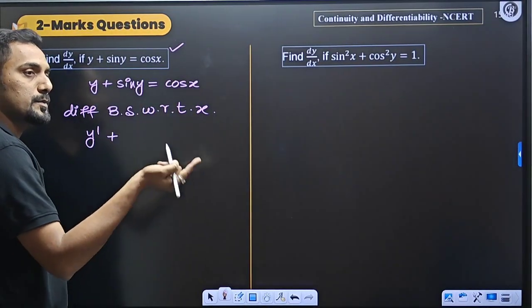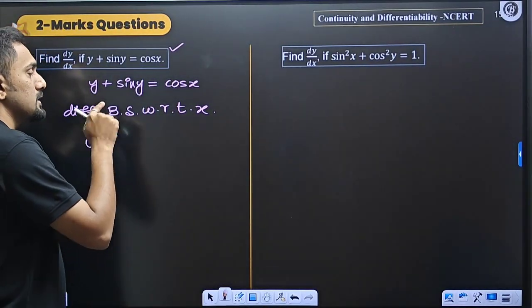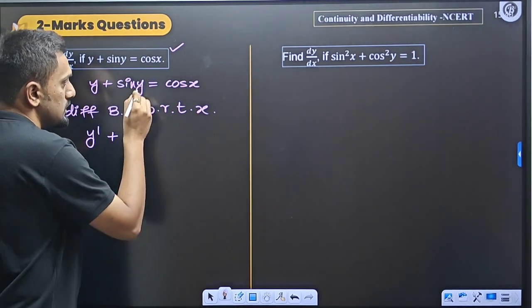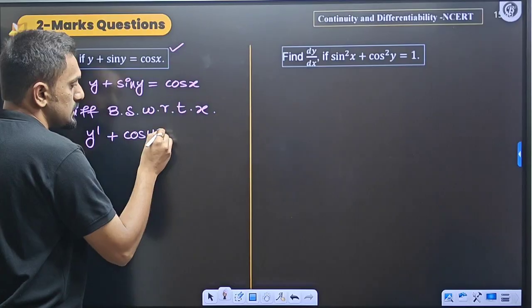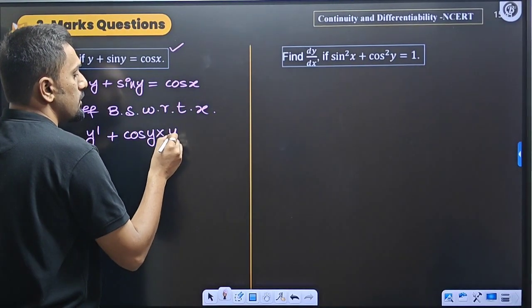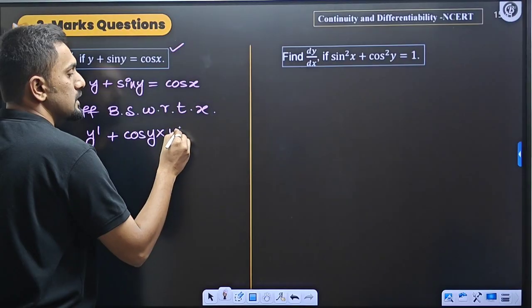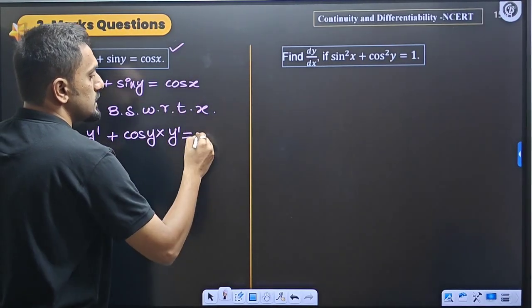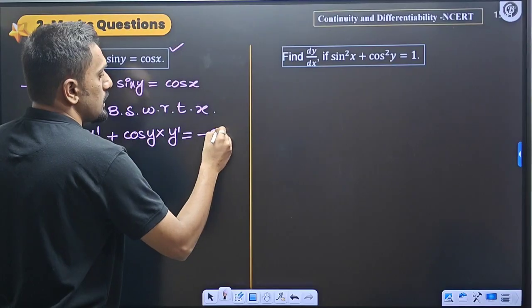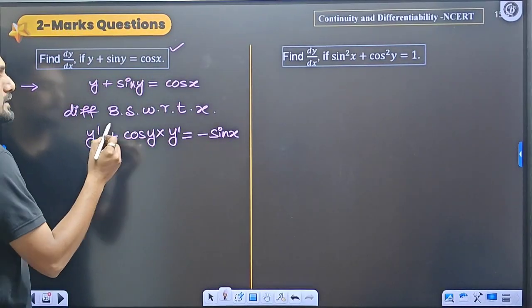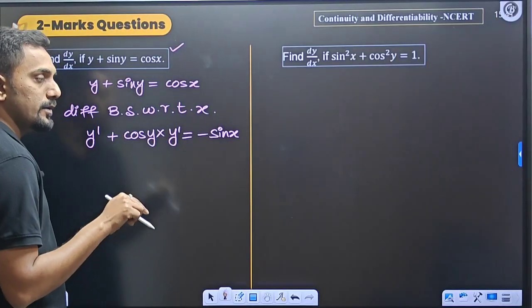So that y has to be differentiated and multiplied with the derivative of the sin function. The derivative of sin is cos, keeping the variable as it is. Then the derivative of the variable with respect to x becomes y dash. And that is equal to the derivative of cos x, which is a standard derivative, and that is nothing but minus sin x.